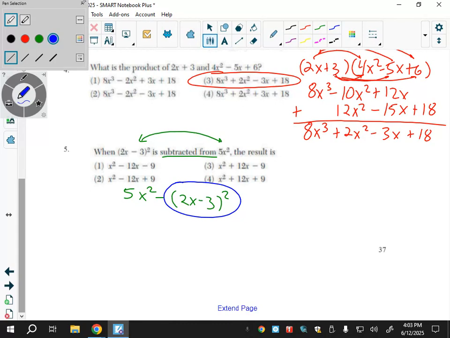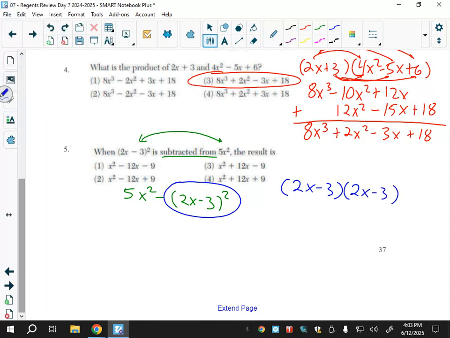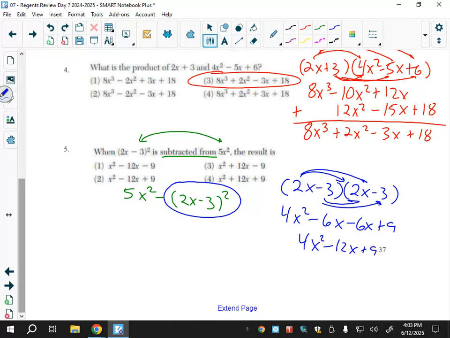Now remember, we can't do power to a power. We have to actually go and expand that out and do our 2x minus 3 times 2x minus 3. So we're doing all of our double distributing. Okay, so that should give us 4x squared minus 12x plus 9. Okay?